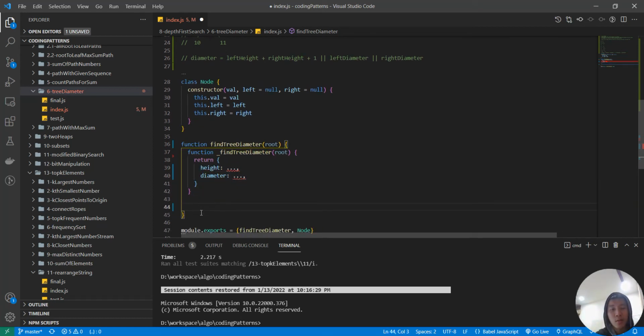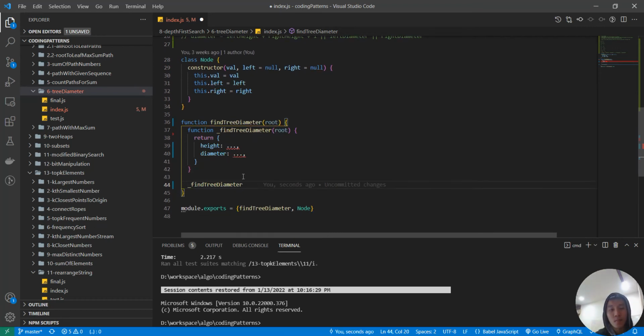Down here I will make the first function call, passing in the root node.